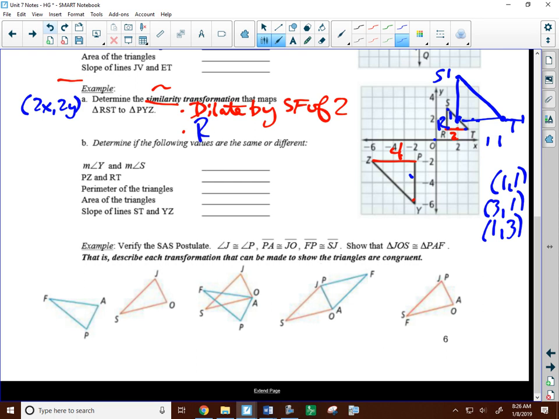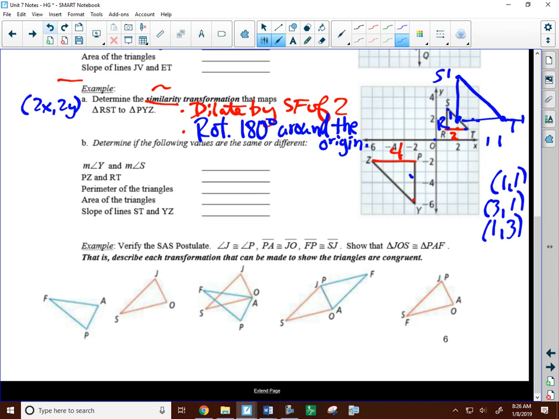Really clockwise or counterclockwise doesn't matter for 180. If you don't say around the origin, it's kind of assumed. What else? We learned yesterday that's also equivalent to reflect over the x-axis and then over the y-axis.